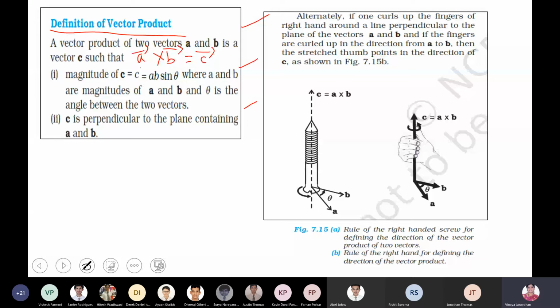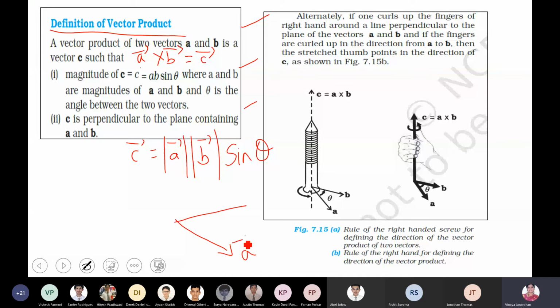So I can write that C vector becomes equal to the modulus, which means only the magnitude of A vector, magnitude of B vector, sine of the angle between A vector and B vector. So you have seen in your video clipping, this was A vector and this was B vector. The angle between them was theta degrees. So C vector will be A vector.